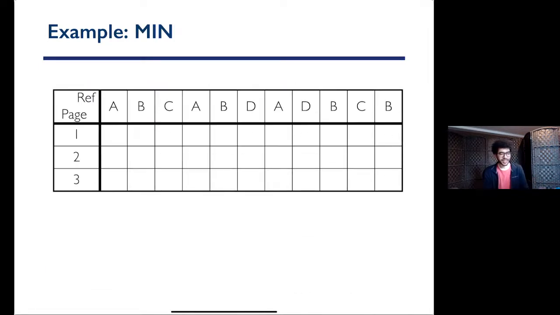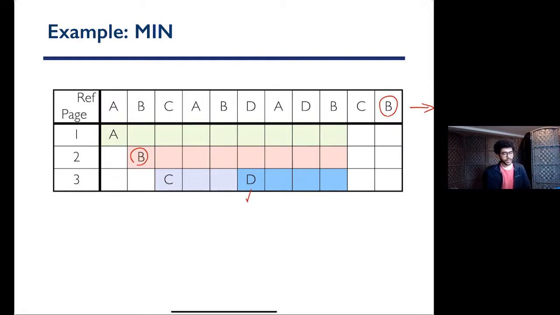Now, actually, let's look at Min. How does Min do this? The same. So A, B, C, A, B. Now, instead of A, we're going to kick, as I just described, C out. A is going to hit, D is going to hit, B is going to hit. Now, C is going to come. I don't have the future to show you, but at least we know that B is going to be accessed, so I'm not going to kick B out.